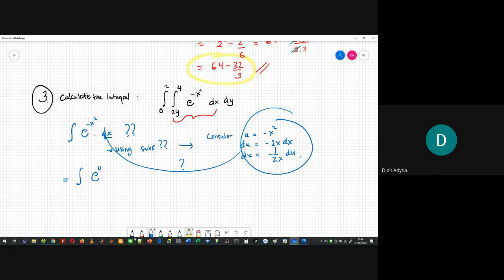E to the power of u, and then dx we replace it with minus over 2x du. Oops. What do we have? We have this one. Cannot be cancelled with anything in here, okay? So, substitutions fail, okay?